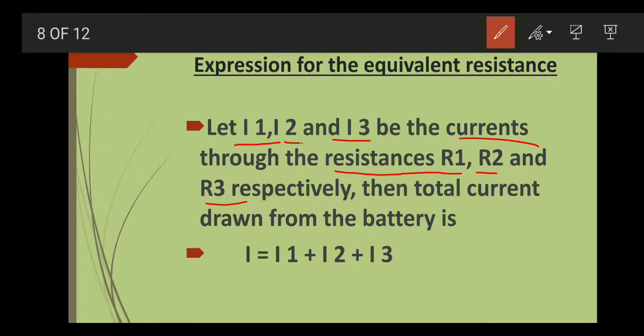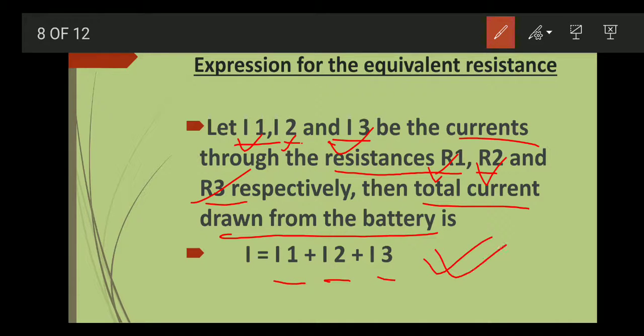There are 3 resistors whose resistances are R1, R2 and R3, and the currents flowing through them are I1, I2 and I3. So in that case we know that the total current drawn from the battery will be equal to I1 plus I2 plus I3, that we discussed just now. So the total current is equal to I1 plus I2 plus I3, this we know. And which resistances are they?